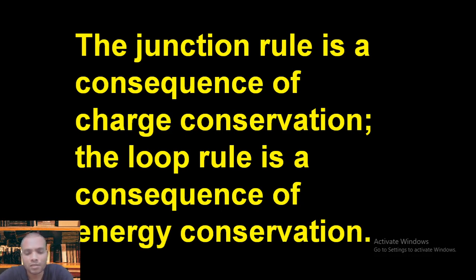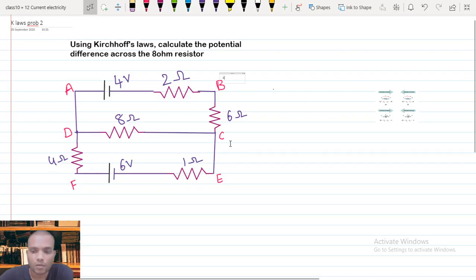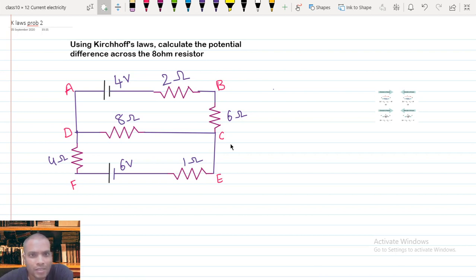Let's try to apply these rules to one of the given networks so that we can solve for maybe the current or the potential difference. Here one network is given: using Kirchhoff laws, calculate the potential difference across the 8 ohm resistor.